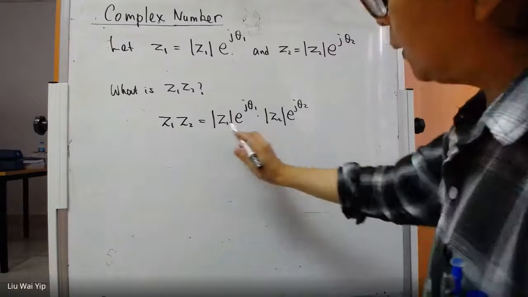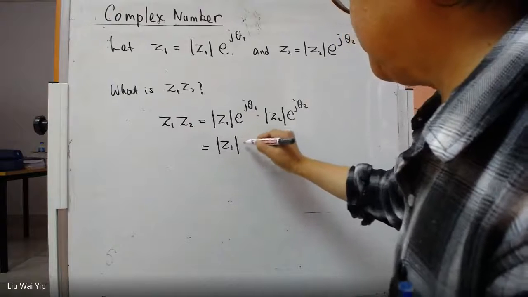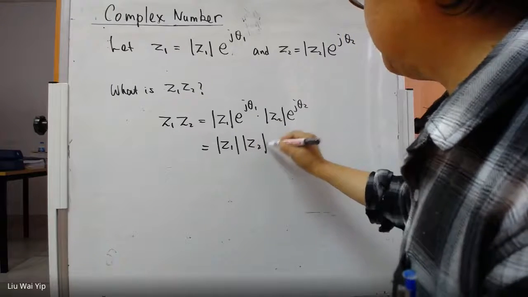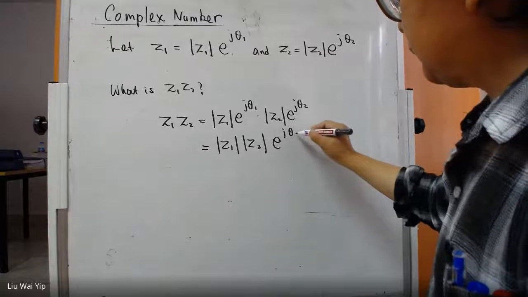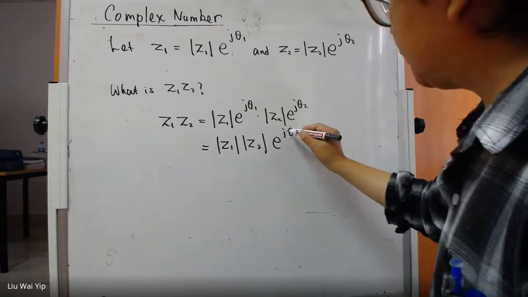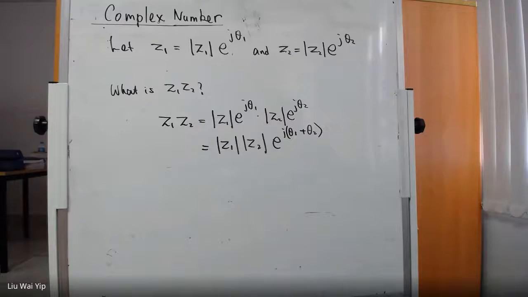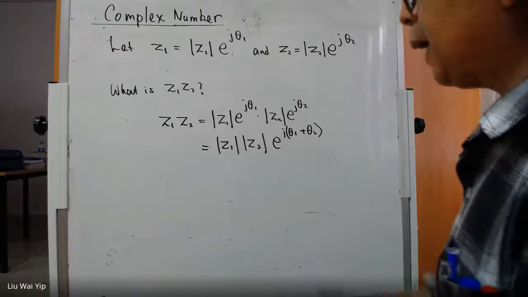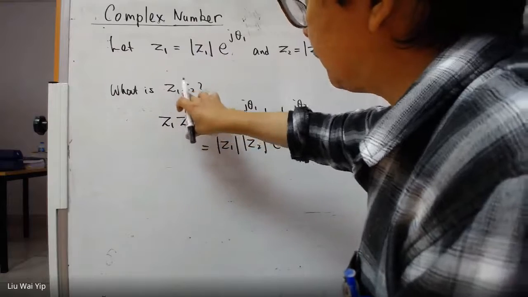And now, I think you would agree the angle is going to be the sum of theta 1 and theta 2 together. And now, you have done this, Z1 times Z2.